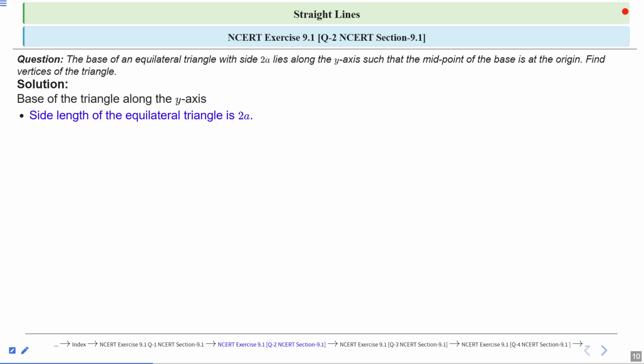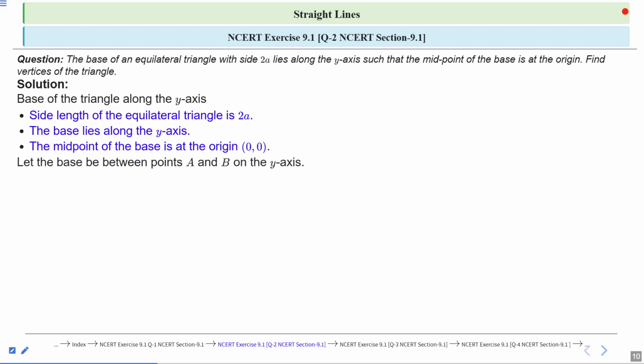Okay, so we have an equilateral triangle whose side length is 2 times a, and the base lies along the y-axis here. The midpoint of the base is at the origin 0, 0. Okay, so note this information, as it will help us to solve this question.